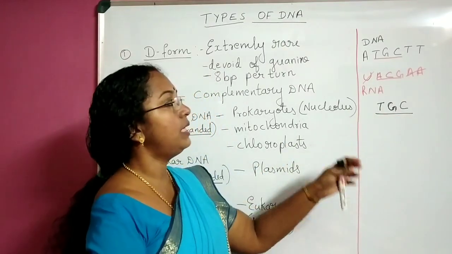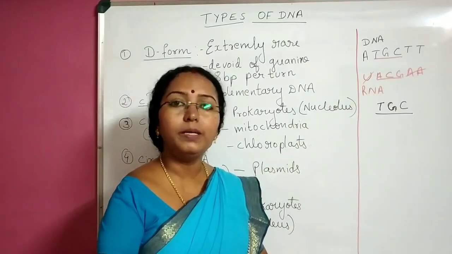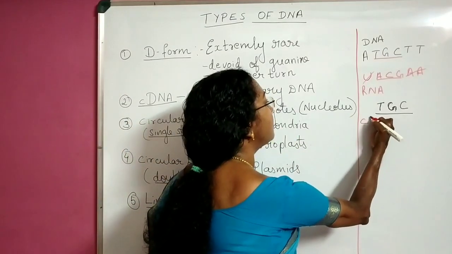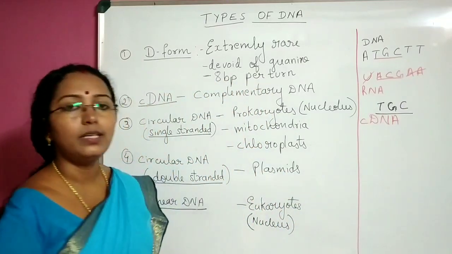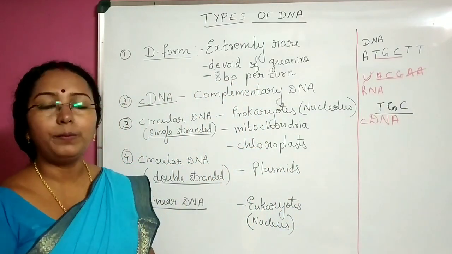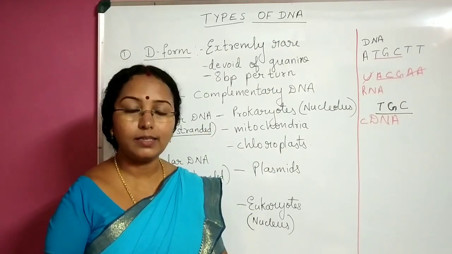So this DNA which is produced from the RNA and in which all the base pairs are functional, you call this DNA the small cDNA, or the complementary DNA. This particular part, the complementary DNA or the cDNA, is of great importance in the field of biotechnology.